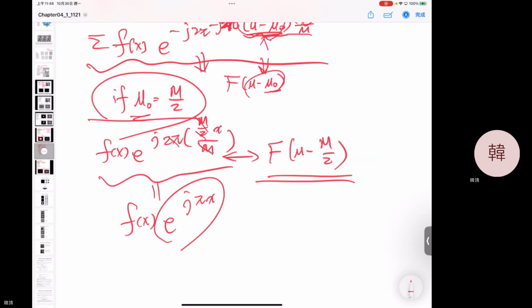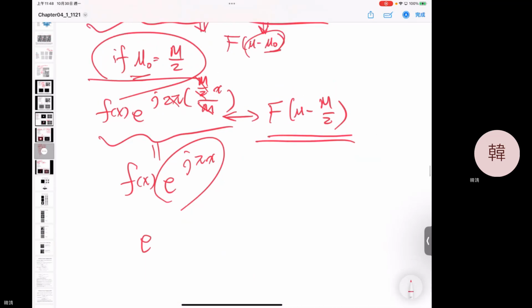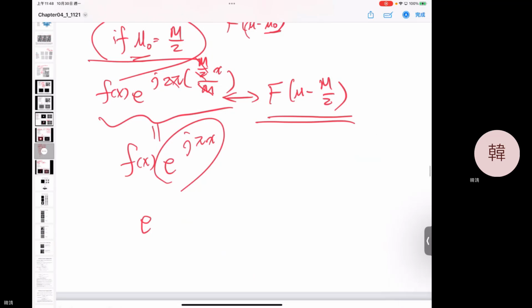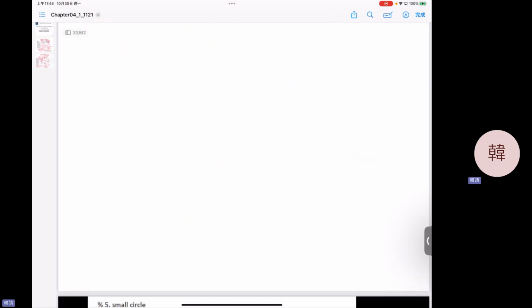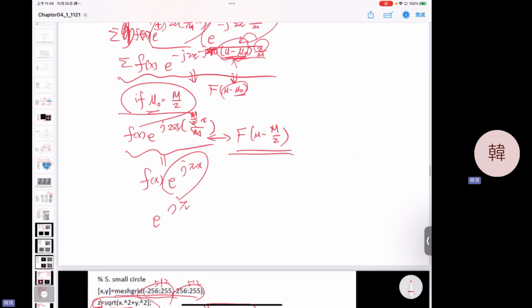What's the j pi x? x is an integer, so if x is equal to 1, equal to 2, and so on, it becomes e to the j pi x.